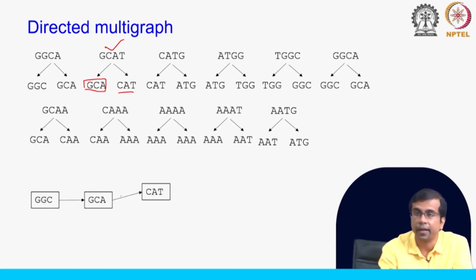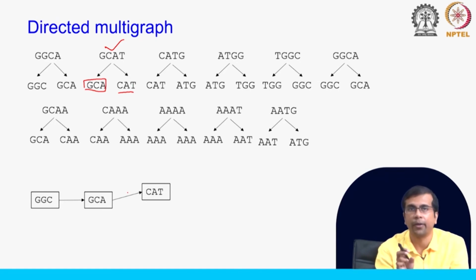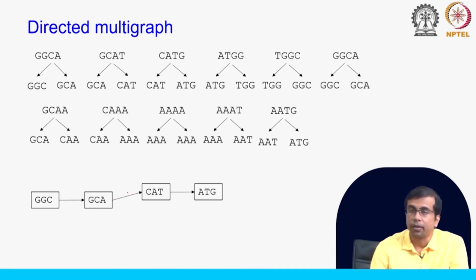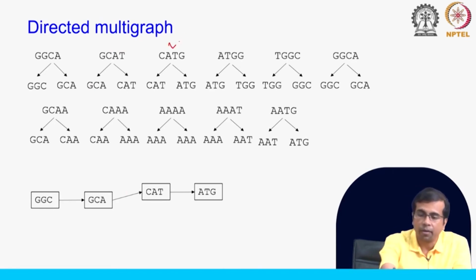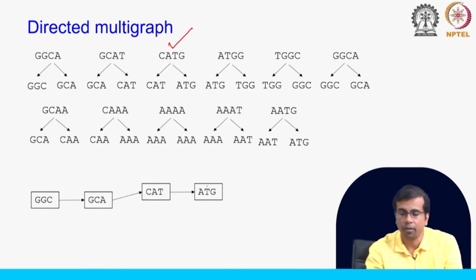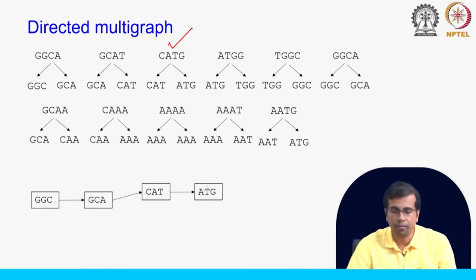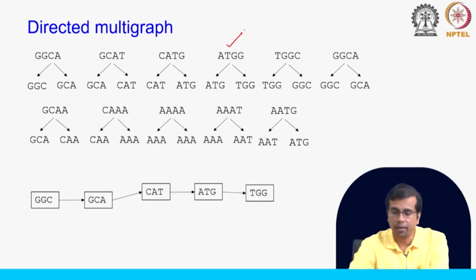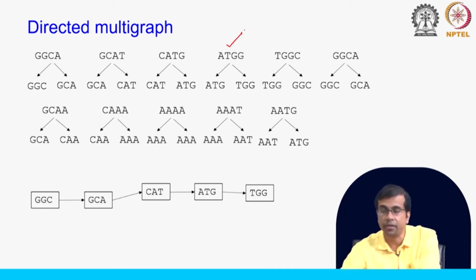Remember, traversing this edge will give us the k-mer, the read sequence. So, we proceed with this. We have now moved on to this CATG, and again CAT exists. So, we add this ATG node, and we also add the edge between these two nodes, and so on. So, we are here now, we are just adding this TGG node, we add the edge.